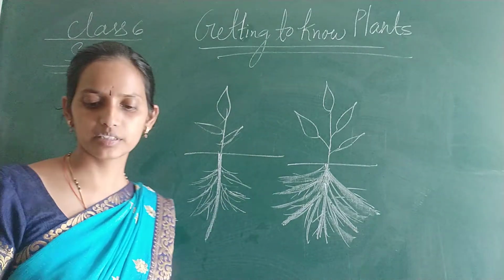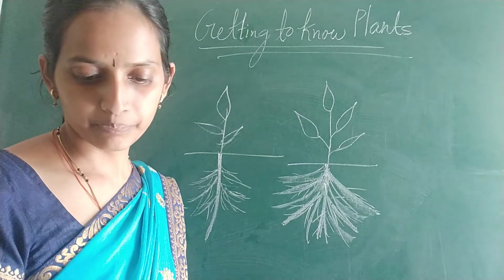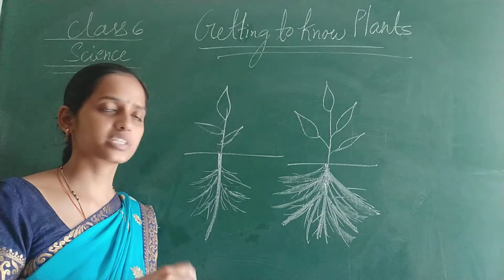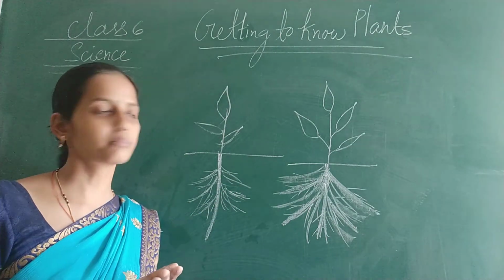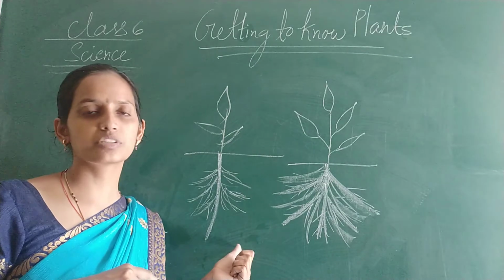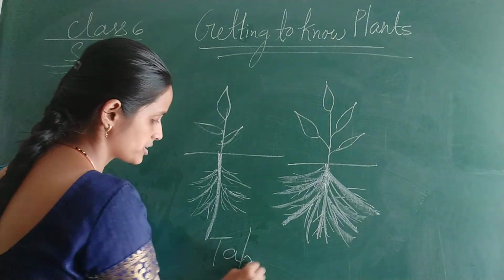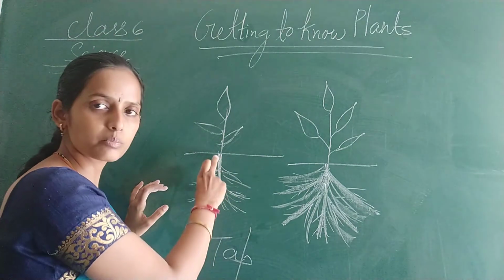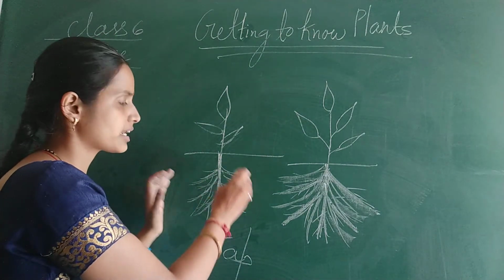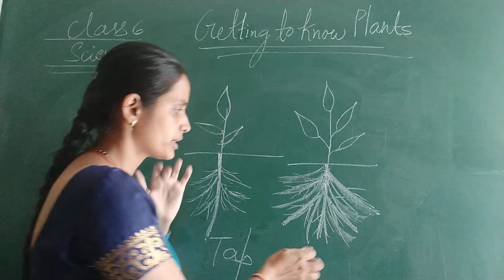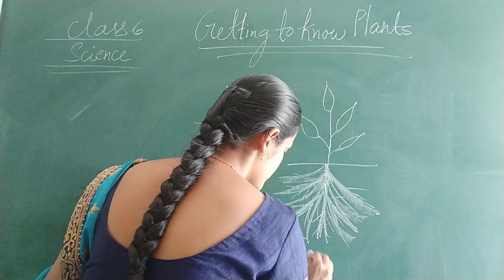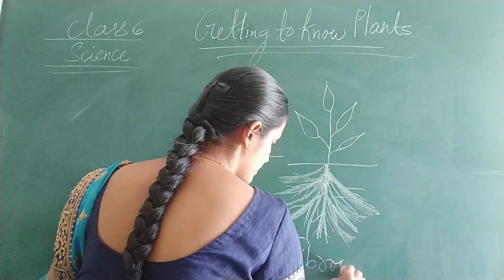Then what else? Apart from this, there are two types of root system: one is a tap root system, and one is a fibrous root system. It is a tap root system when there is one main root with lateral roots. But in the fibrous root system, many roots are developing.